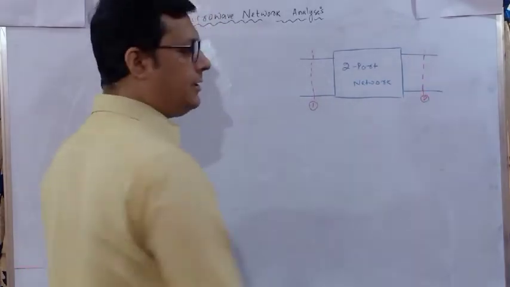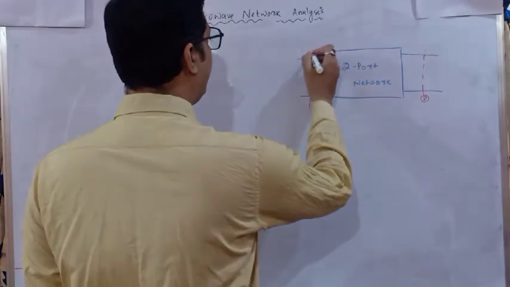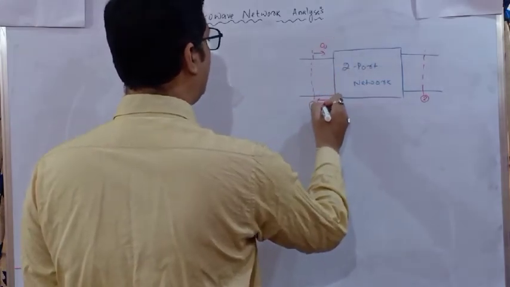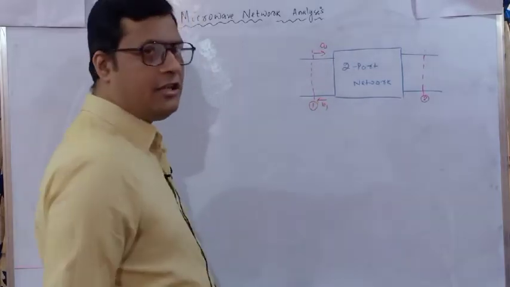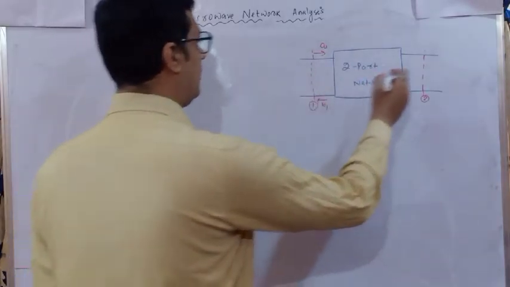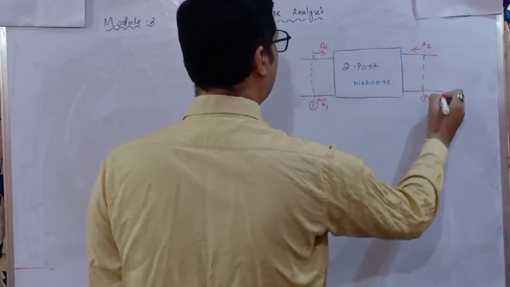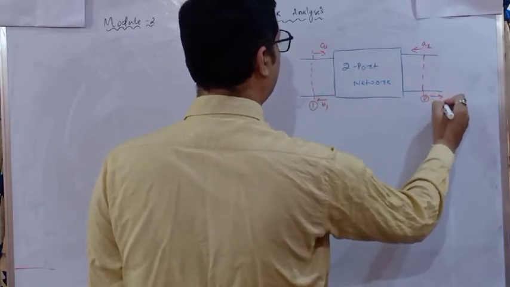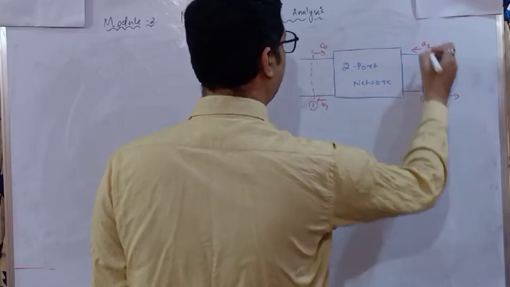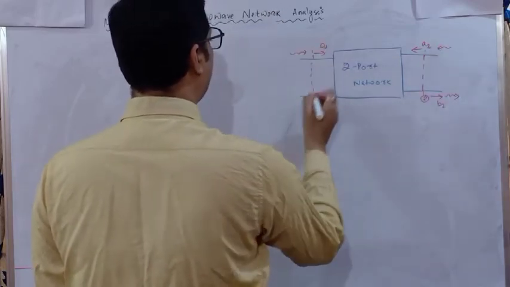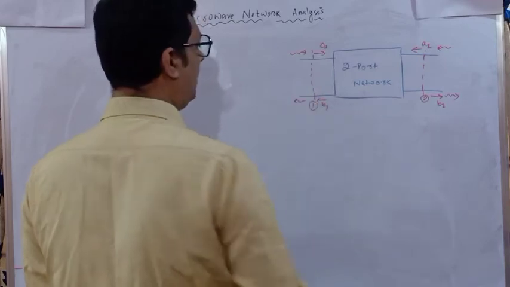In the initial position, the incident wave is A1 and the reflected wave is B1 with respect to port 1. Similarly, for port 2, the incident wave is A2 and the reflected wave is B2.